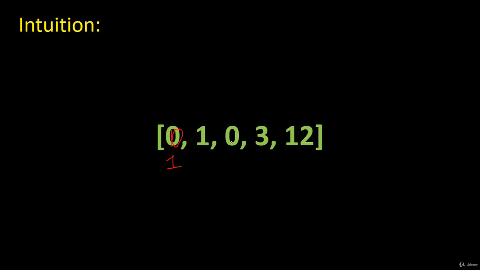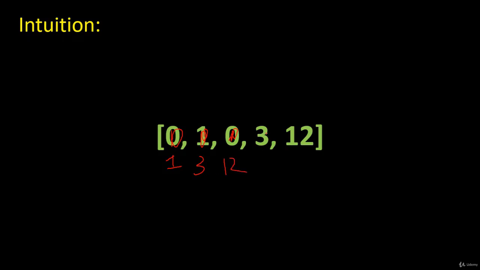Then we see a 0, then we see a non-zero element, so we're going to replace the element at index 1. We're going to replace this 0 with 3. Alright, then we see 12 is also a non-zero element, so we're going to replace this 0 with 12.